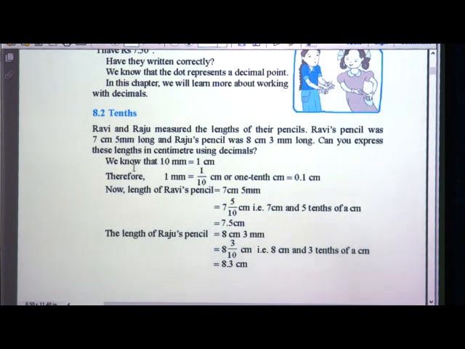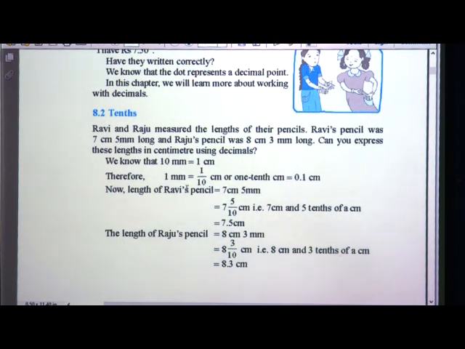So we know that 10 millimeter is equal to 1 centimeter. Therefore we can write this as 1 millimeter is equal to 1 by 10 centimeter.